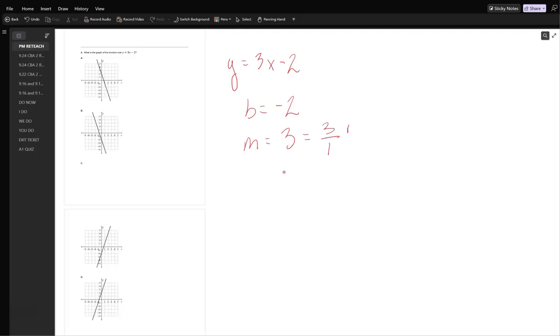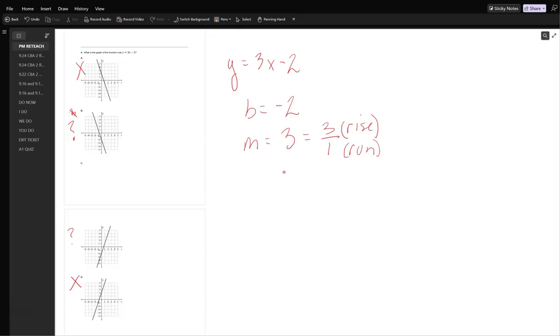So this is our rise and run. So let's go and look for a graph that has a y-intercept of -2. That's not happening. This one, maybe. This one, maybe. And this one, definitely not.